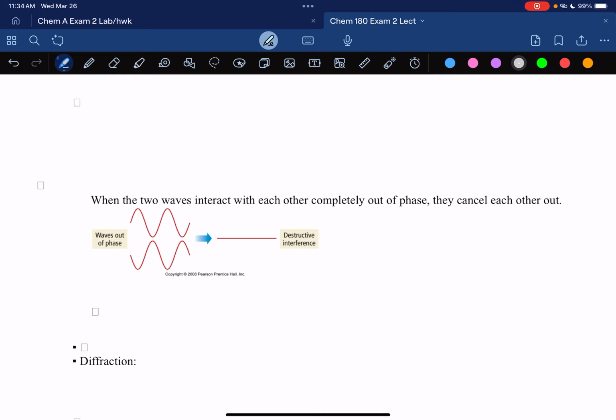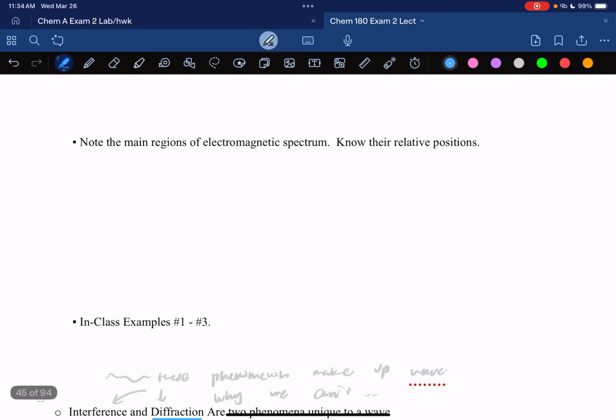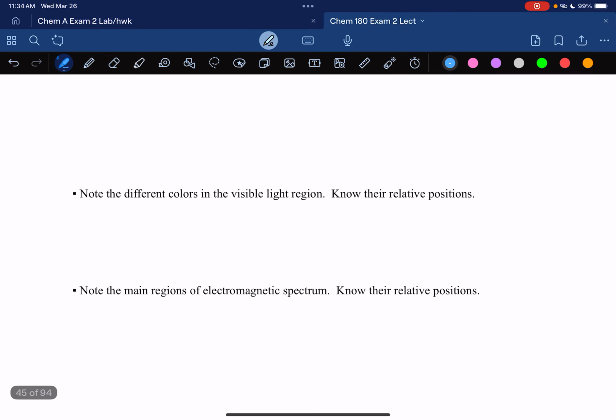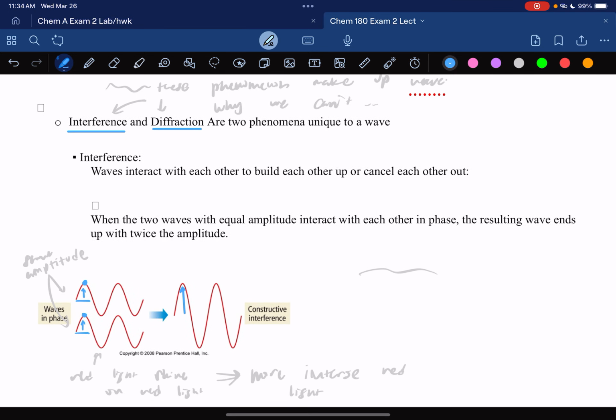So this peak is going to cancel the valley, and they cancel each other out completely in this case. So this first one, we call constructive interference, and this one, where they cancel each other out, we call destructive interference. So that's something unique to wave only.